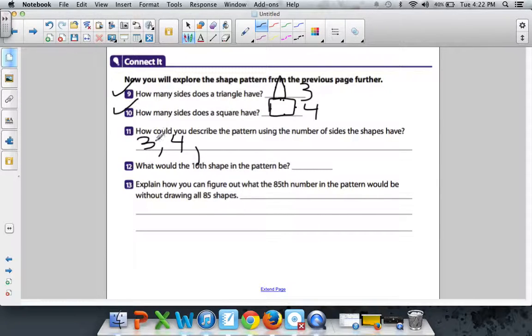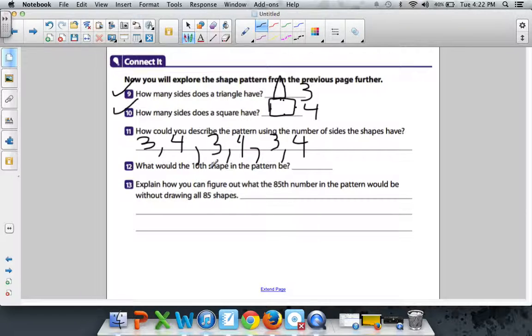Remember, the pattern goes triangle, square, triangle, square. So next would be another 3. Then for the square, that's 4, because we're counting the number of sides. Then 3. Then 4. See? All we did was relate a shape pattern to a number pattern, and you have to be good with both.